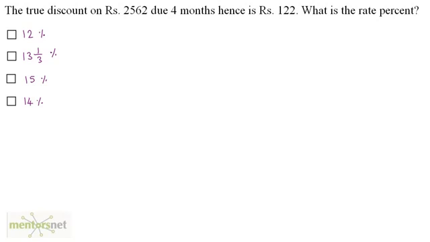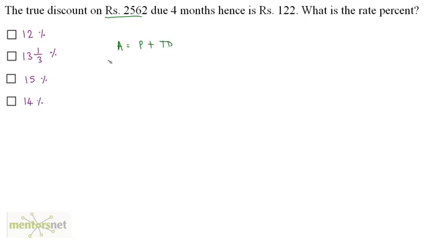The true discount on rupees 2562 due 4 months hence is 122 rupees. What is the rate percent? Well, we have been given the future worth, that is the amount, and that's 2562. So I can say that amount is basically the present worth plus the true discount, isn't it?